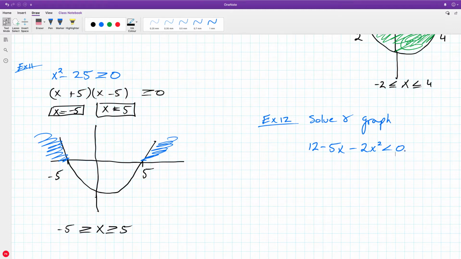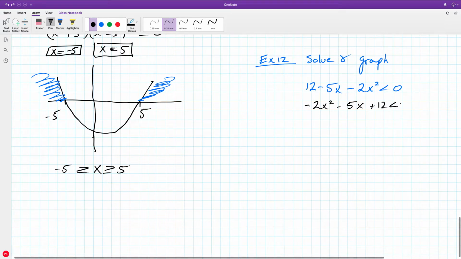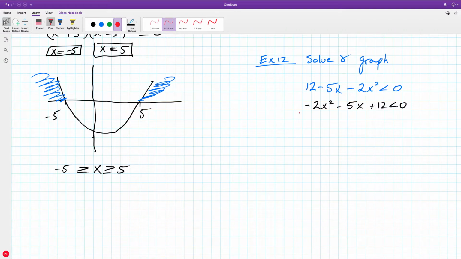Right, let's have a little look at it. So, minus 2x squared minus 5x plus 12 is greater than 0. Right, first things first, what am I going to do with them? Yeah, so multiply by minus 1.